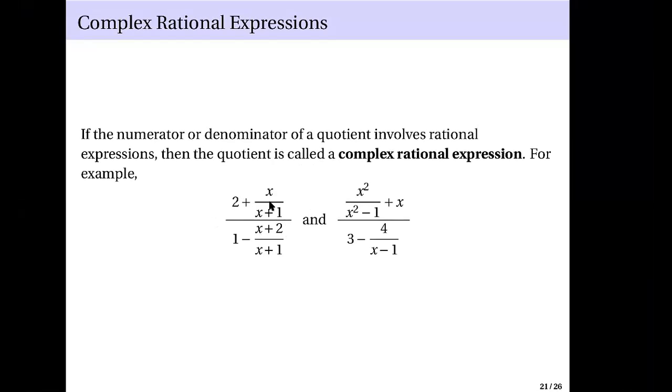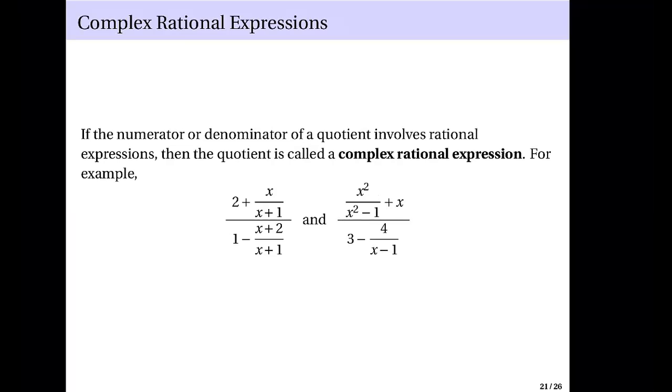So numerator, it's a sum of polynomial and a rational expression. Denominator is the same. So this whole guy here is a complex rational expression. Same is true with this. You have x squared over x squared minus 1 plus x all over 3 minus 4 over x minus 1. So complex rational expressions.